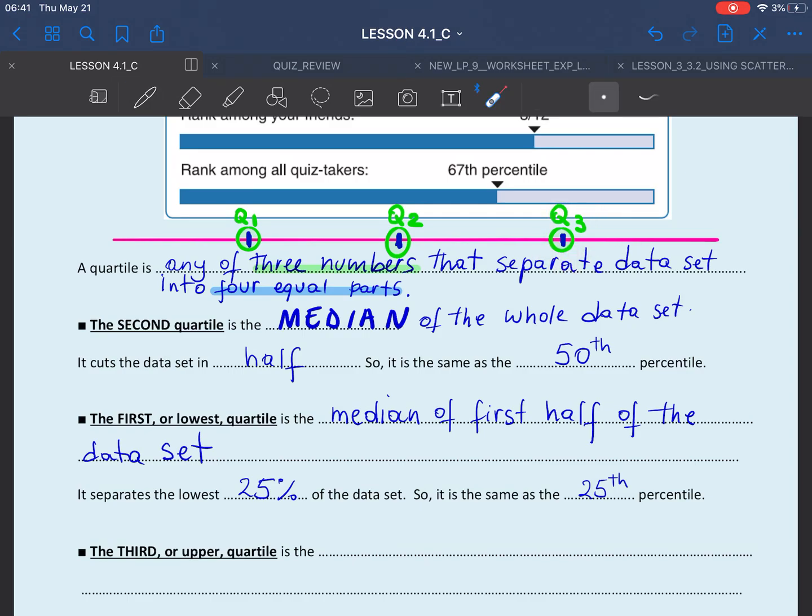Now the third is what we call the upper quartile, Q3, and it is again the median of data values greater than the second quartile.